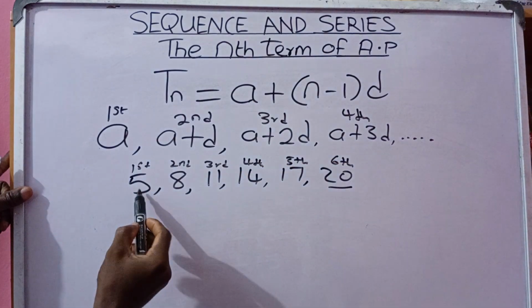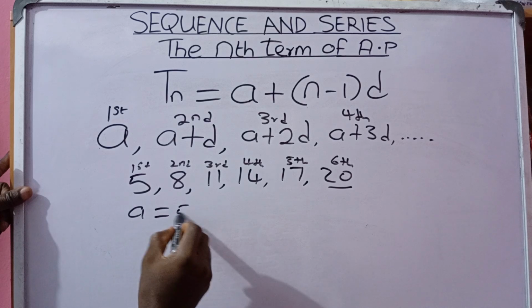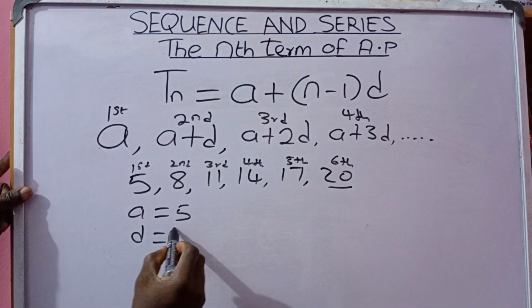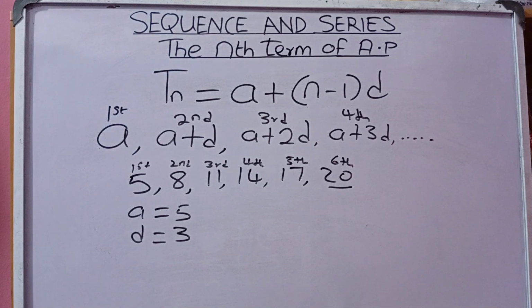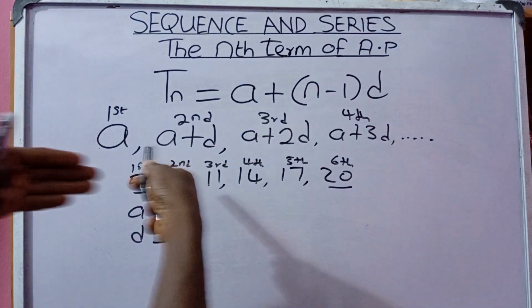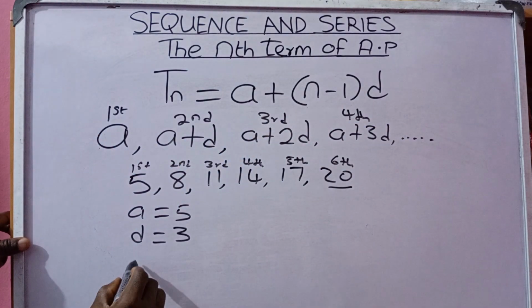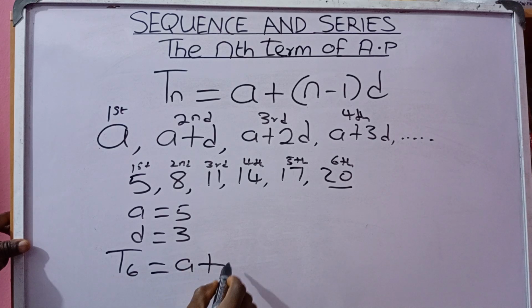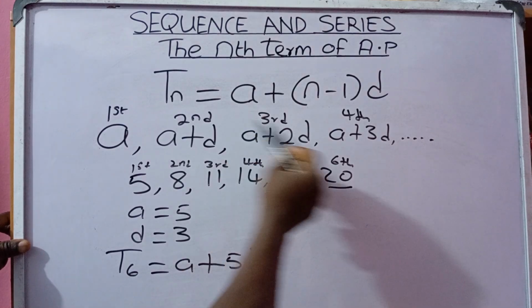Of course, we know that the first term here is 5. Then the common difference is this minus this or this minus this, which is 3. So to find the sixth term, I can use the order that I have already gotten here by saying the sixth term will be A plus 5D. That is using this order.